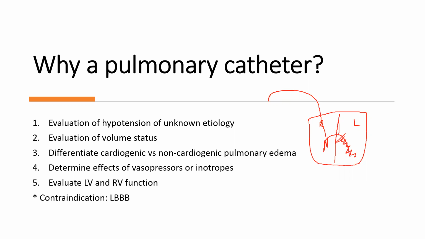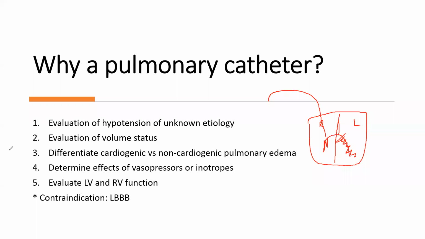What is going to happen if we damage the right bundle and there's already an existing left bundle branch block? Please type. Anybody? Yes, it will result in complete heart block.